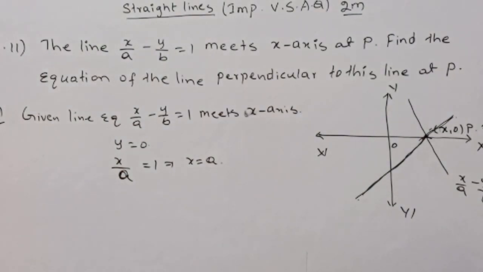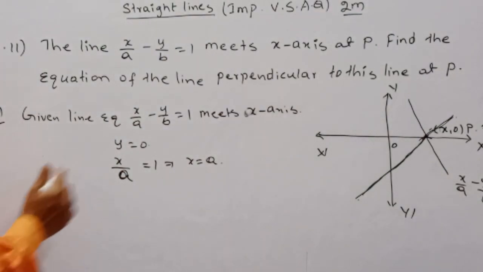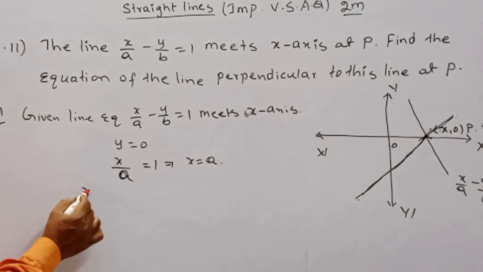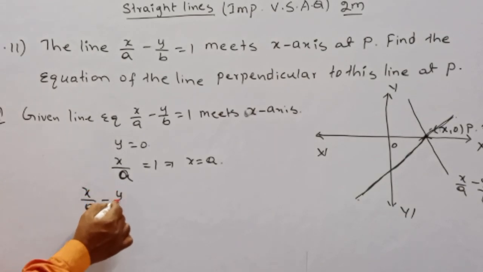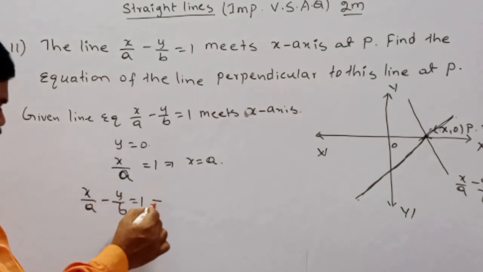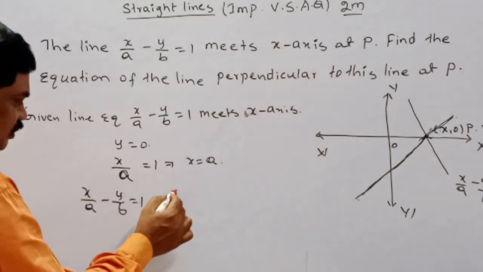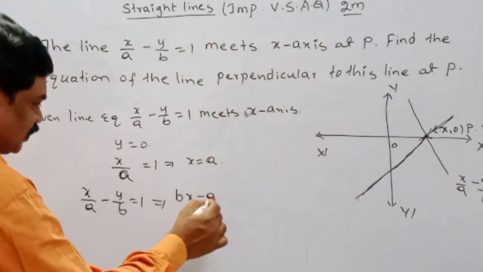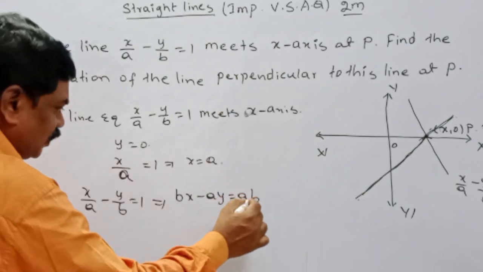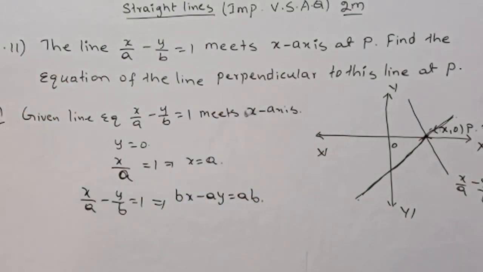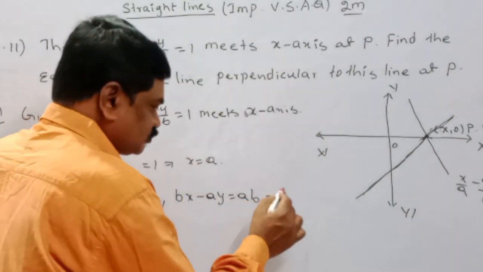One more thing: x by a minus y by b is equal to 1 can be written as bx minus ay is equal to ab. This is equation 1.